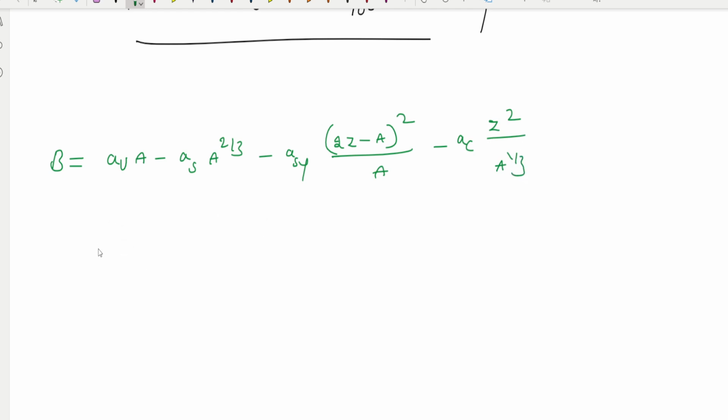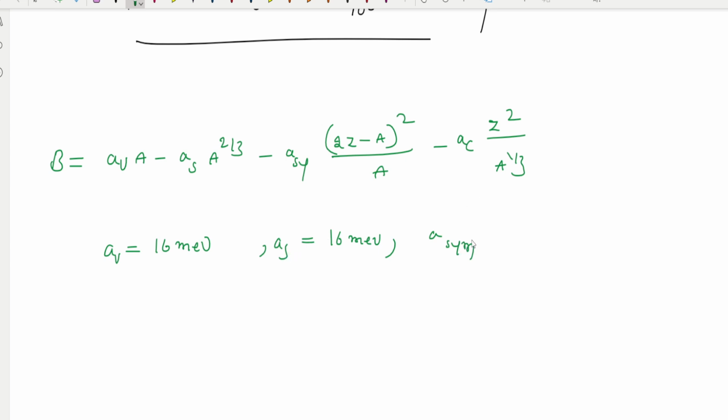If they are giving specifically here the volume term 16 mega electron volt, surface term 16 mega electron volt, sorry, this is a surface term, not a symmetric.